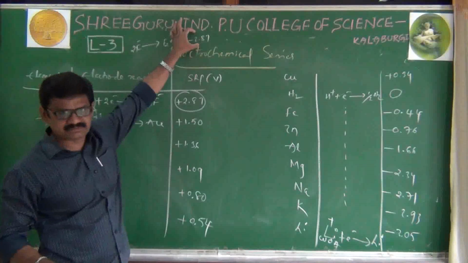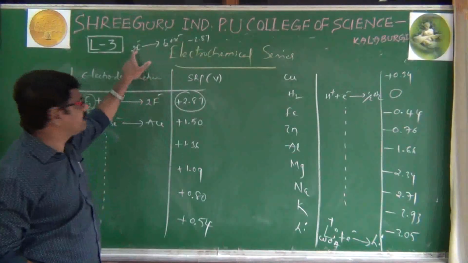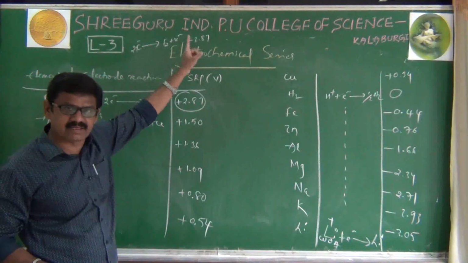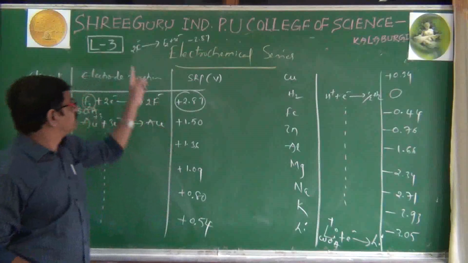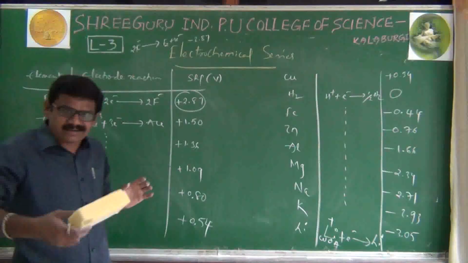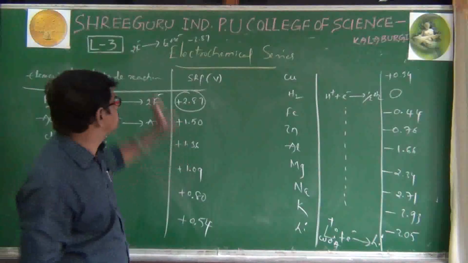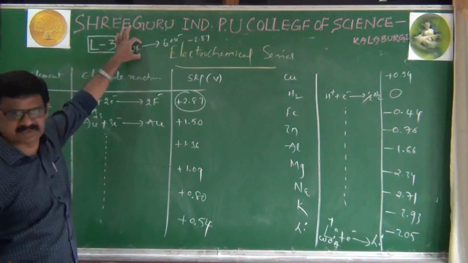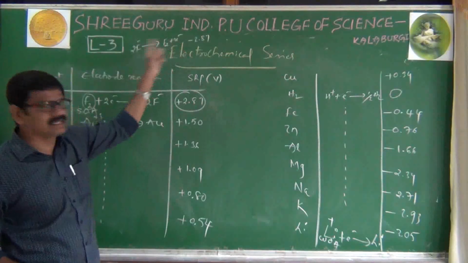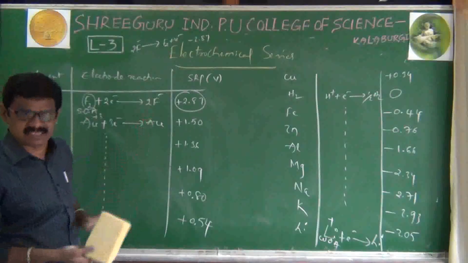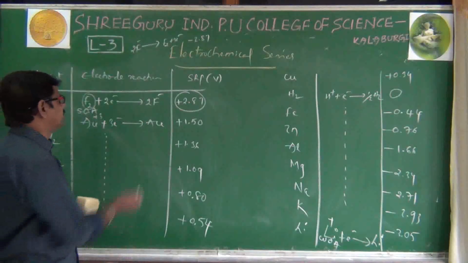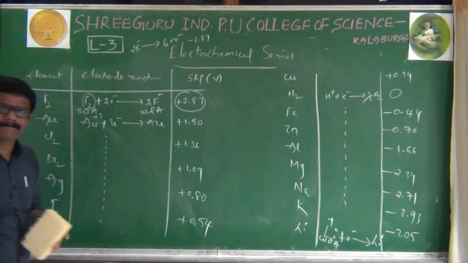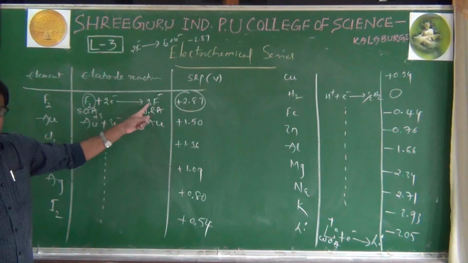If you observe the value, the F minus standard oxidation potential value is very low. That's why F minus is not interested to undergo oxidation. Why? Because F minus already has a neon configuration, it is a stable species. That's why it does not undergo oxidation easily. So we can say F minus is a weak reducing agent.